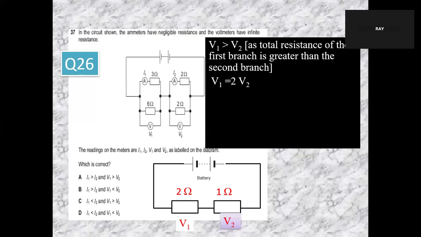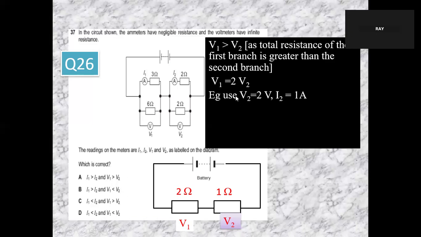And then we know that V1 equals 2V2. Right? Double the resistance means double the potential difference. Then you can take an example. Right? V2 is 2 volt. Then I2, which is here, is 1 ampere.